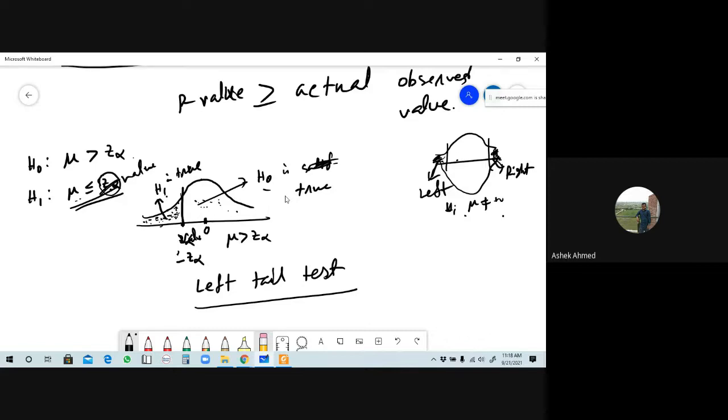Okay, but you have to remind that the total region, the total area of the rejection region, the rejection region is the H1 rejection, কারণ সেখানে null hypothesis false. Okay, null hypothesis false মানে alternative hypothesis true.